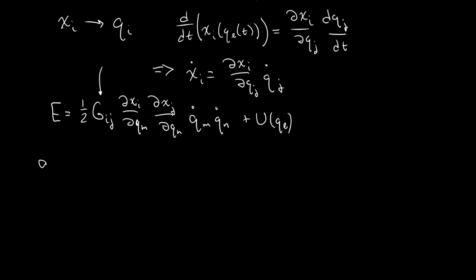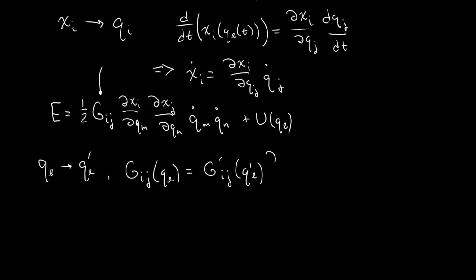So if I were to go from some set of q_i's to some new set of q's, I'll call q prime, I want G_ij, which in principle can be a function of these q's, to transform in the following way: G prime ij of q prime l, dq prime i, dq_m, dq prime j, dq_n.